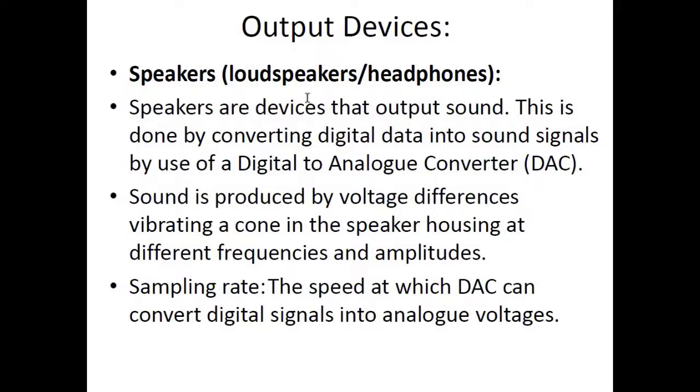When the electrical current is provided to the coil, it vibrates because there is a magnetic field around it, and when it vibrates, along with it the attached cone of the speaker also vibrates, producing sound. Now there's a term which you should know about speakers, that is sampling rate. The speed at which the DAC can convert digital signals into analog voltage is known as sampling rate.